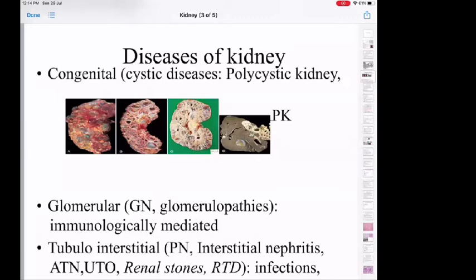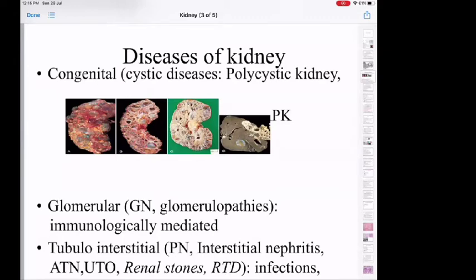In congenital disease, cystic disease of kidney. Cystic disease, there are two: adult polycystic kidney disease and childhood polycystic kidney disease.